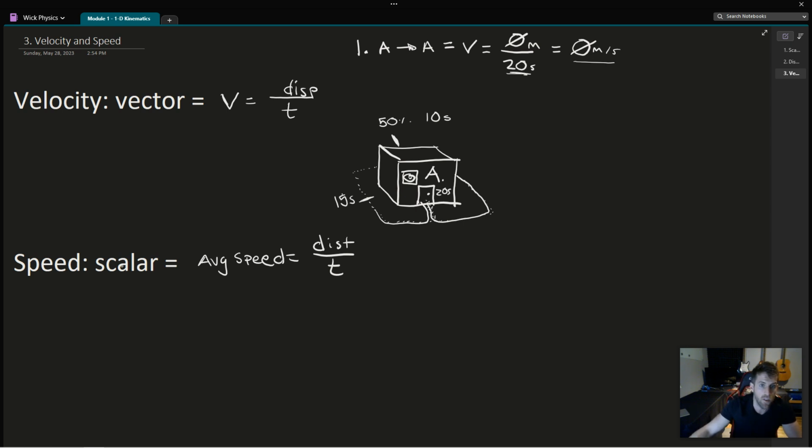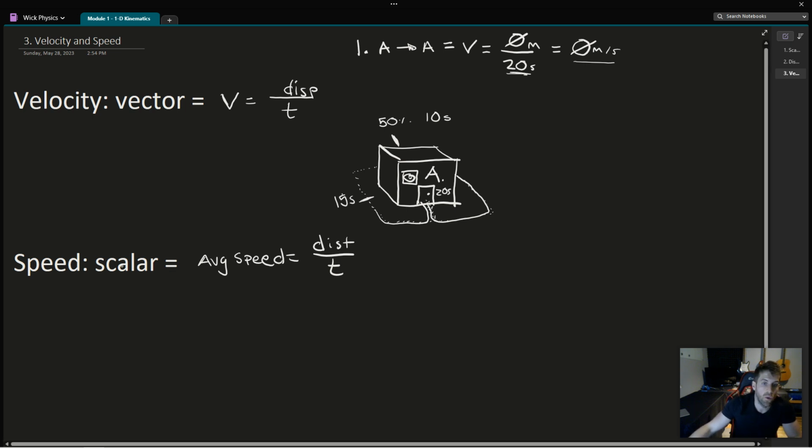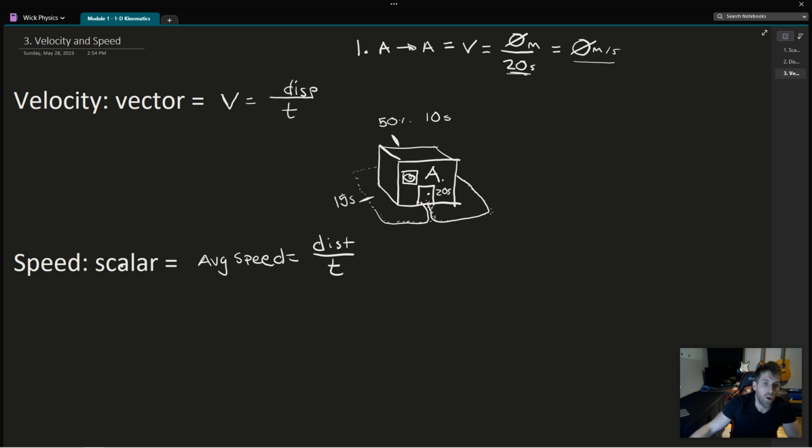Okay, so let's look at average speed. So we're talking about distance. Okay? We're missing something. We're missing how many meters went around this house. What's the geometry here?